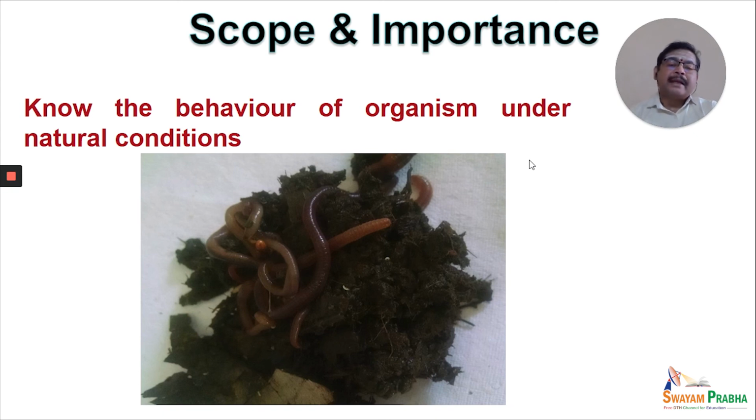Their casts contain readily available nutrients which are readily absorbed by the plants in the soil. So that is a very important aspect. And whatever waste is dumped, it is converted into fertilizer by these earthworms.